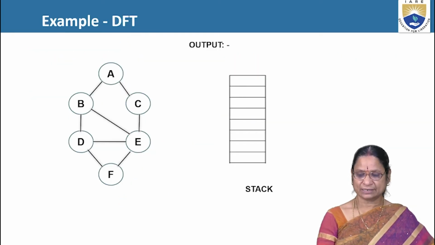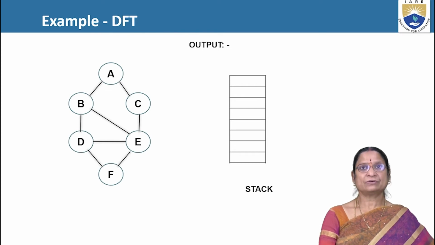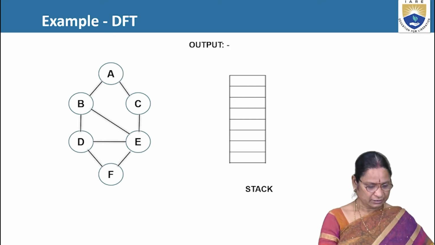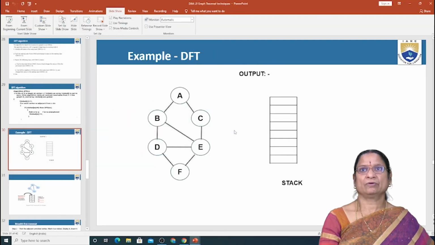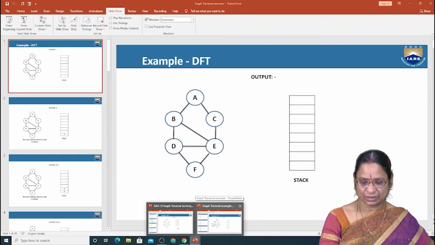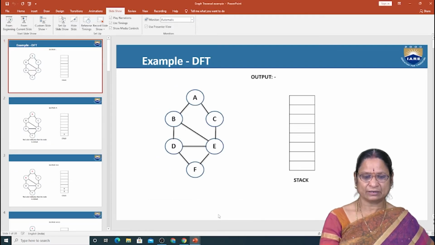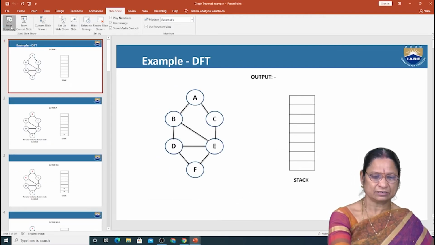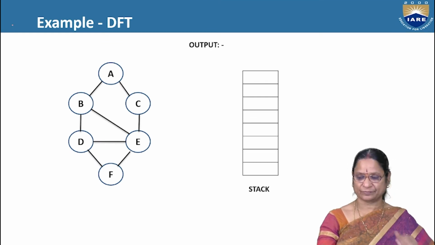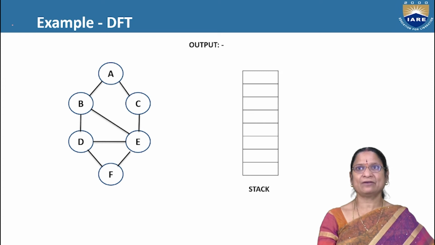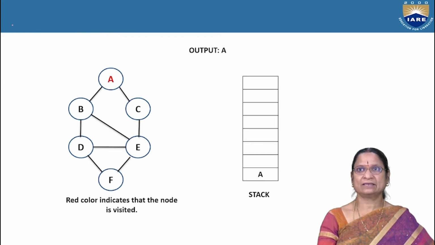Now we will take an example and work through how depth first search works. This is a graph, and this is the given stack.